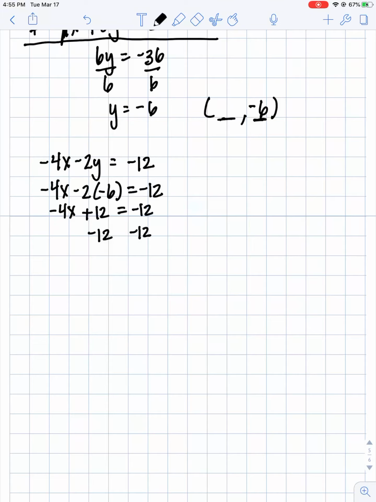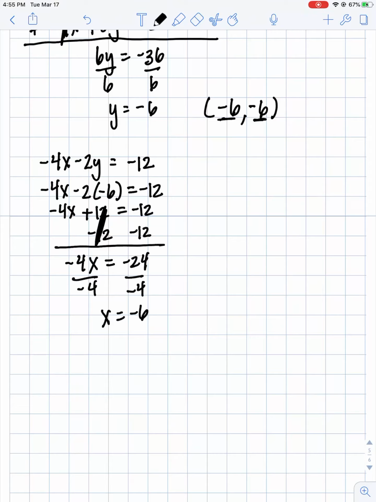Let's finish it. Subtract 12 on both sides. Negative 4x equals negative 24. Divide by negative 4, divide by negative 4, and x also equals negative 6.